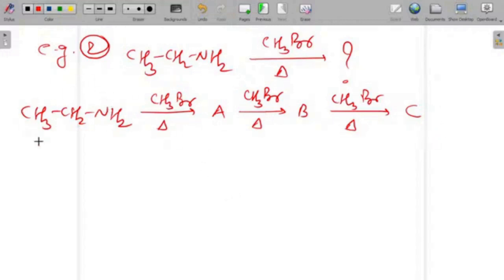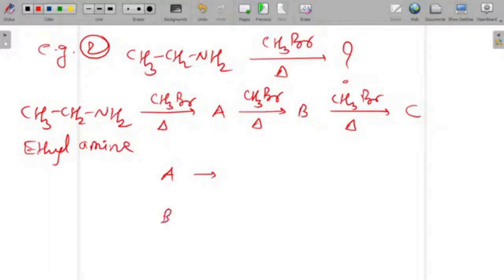Because here this ethylamine on reaction with methyl bromide gives N-methyl ethanamine. Then the other product is N,N-dimethyl ethanamine. Likewise, you can form the products.